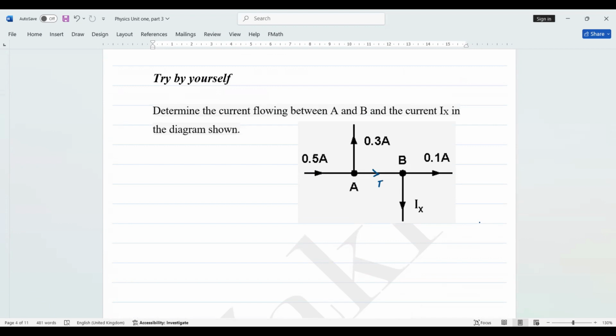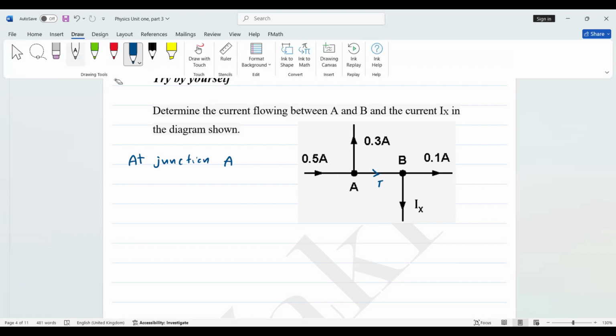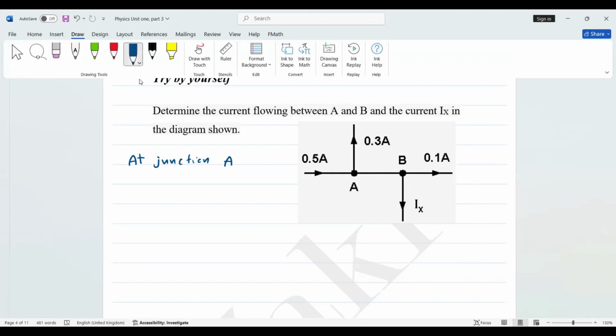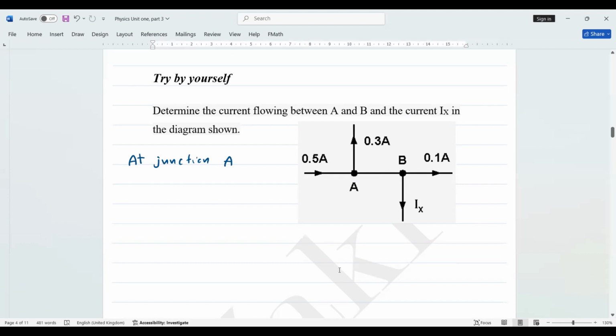But now we can decide the direction at junction A. Look, please, at junction A. What is the direction of the current between A and B? Is it in or out? You can see here at junction A, the current in is 0.5.